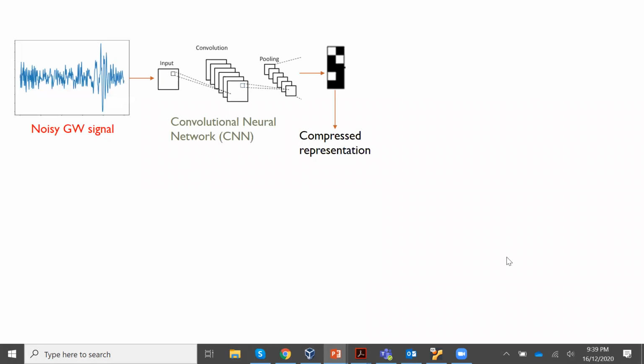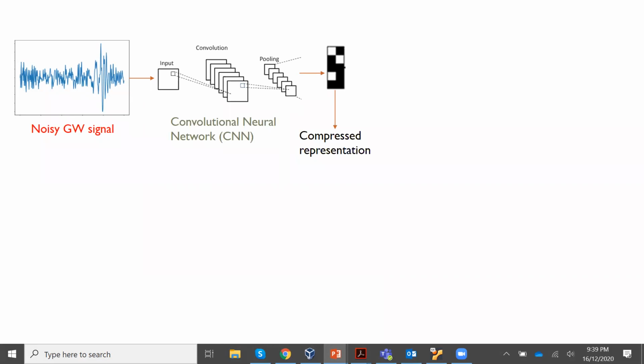So here is the pipeline of the localization. First I have a noisy gravitational wave signal, and then that is passed to the encoder part of the autoencoder. For my encoder, I use a CNN, or a convolutional neural network. This is a special kind of neural network which is designed for image classification.